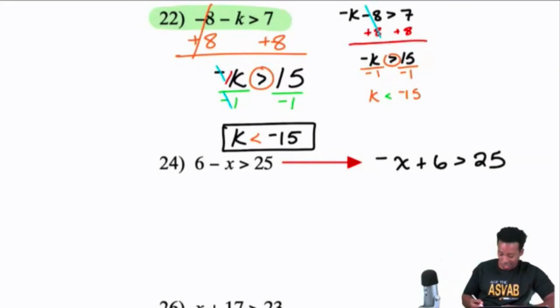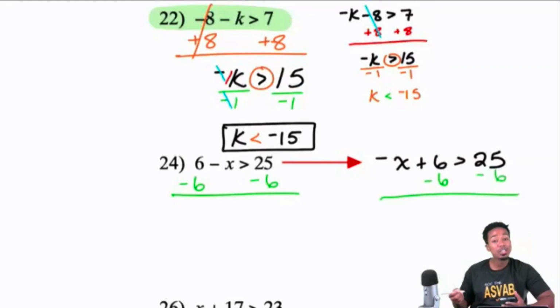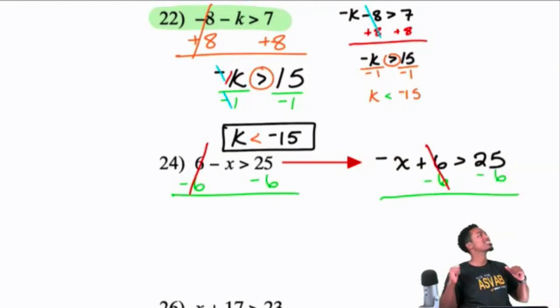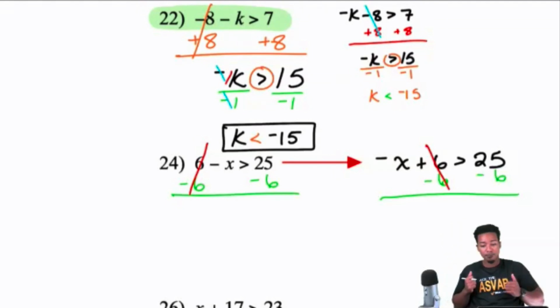Watch. So here, this is a positive 6. So the opposite thing to do would be subtract 6, but on both sides. Over here, what do you notice? Yeah, subtract 6 on both sides. In either case, it's going to cancel on the left. And on the right side, everybody, 25 minus 6 gives me a what? 19.